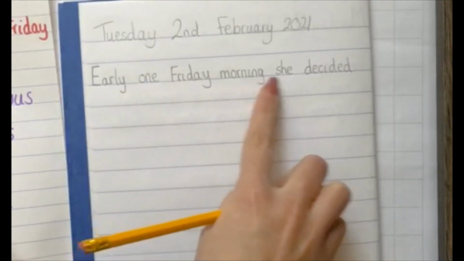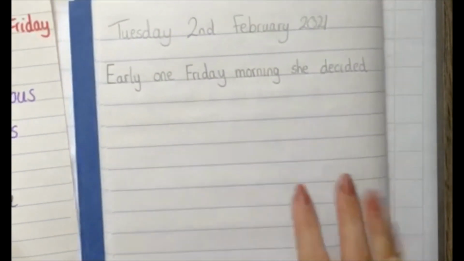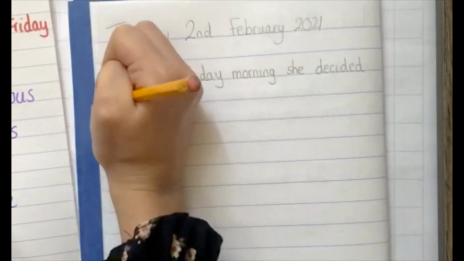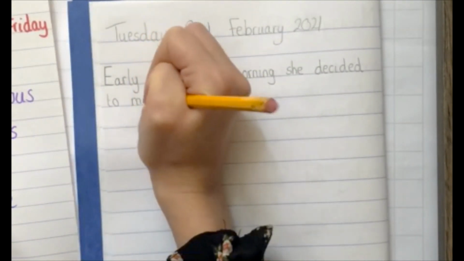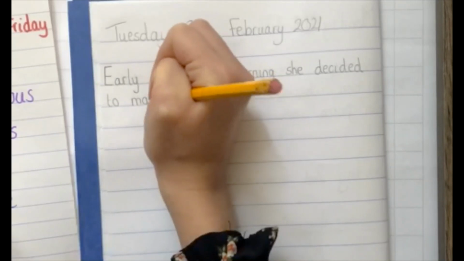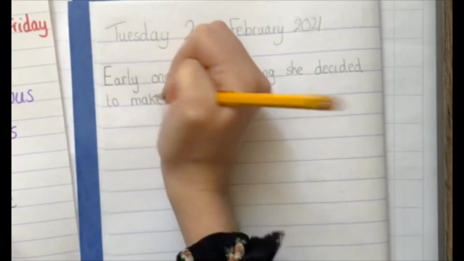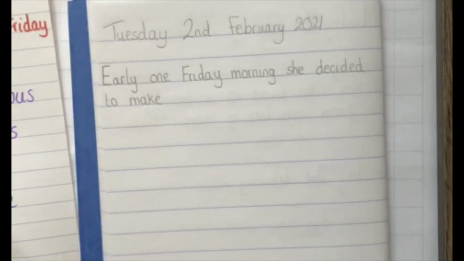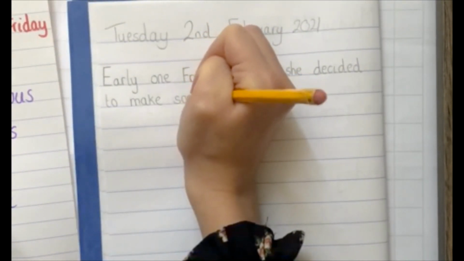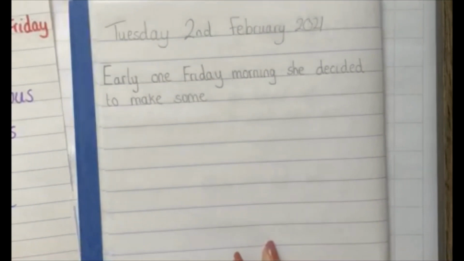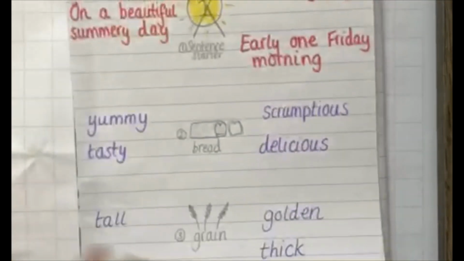Early one Friday morning, she decided to make, this has a split diagram, our chatty friend A, make a cake, to make some. She wants to make some bread, but we need an adjective.